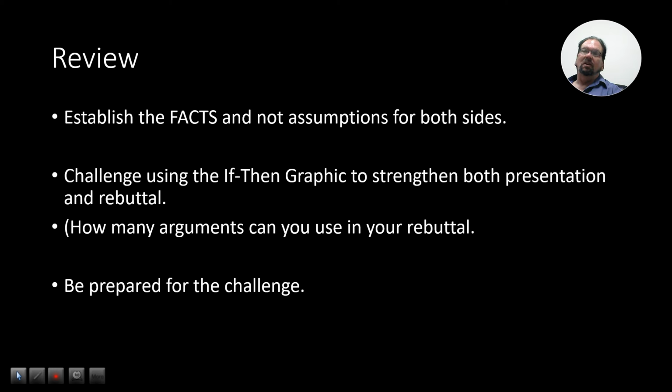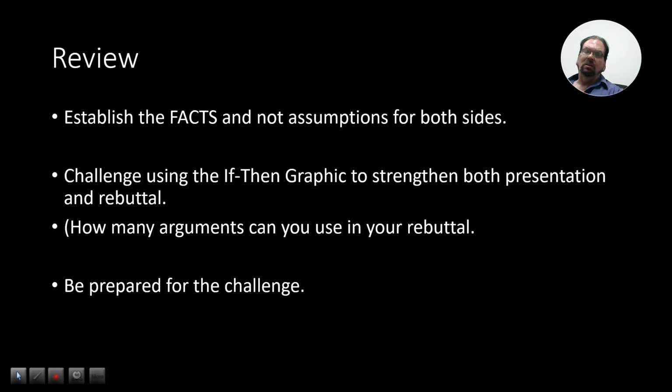So how many arguments can you use in your rebuttal? Well, you can use many, but stick to one. One rebuttal, one argument. Maybe two at the outside, but don't get distracted. You want to say more, but remember that you can go 1, 2, 3, 4, 5, make your point. They will rebut, they make a point, you rebut and make your point. Don't get distracted by going too many arguments.